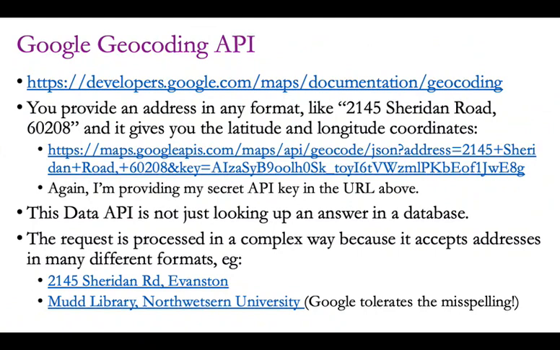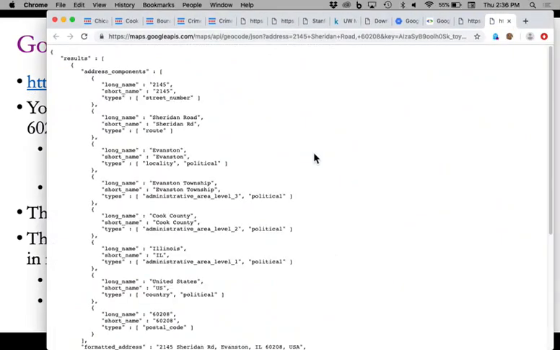So it works in a similar way. The URL is different because it's a different API, and then it asks for an address, which I've put in the URL here, and I put in the same key, which is essentially my Google account password for APIs. And if you click this, it will give a result.